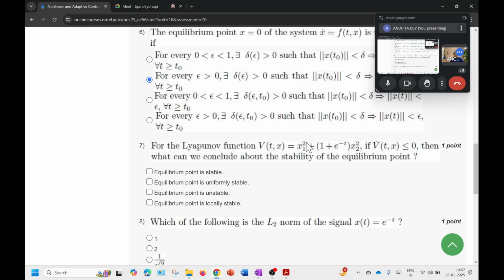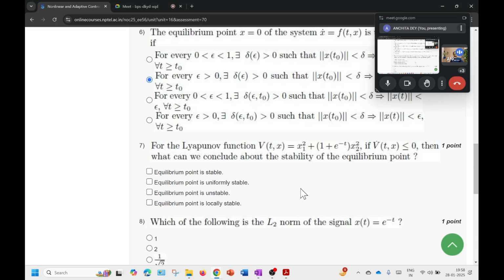I hope it's understandable. So, for the Lyapunov function we are talking about here, is this an autonomous or a non-autonomous system? Any idea? Yeah, it's a non-autonomous system. And if you have to talk about the stability, you can see we have many options here: stability, uniform stability, unstable, locally stable.